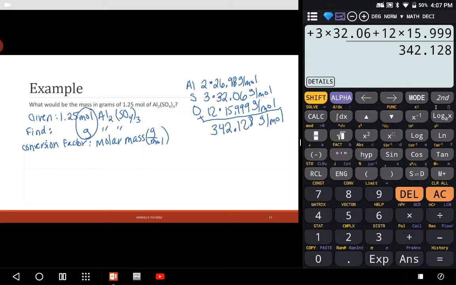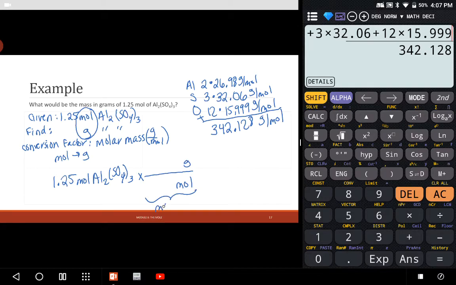I encourage you to always set it up on your paper first and then type it into your calculator because I need to know your setup. When you show your work, I need to see your setup. So always get it set up on your paper first and then type it into your calculator. All right. So I know that I have to start with my mole unit and I have to end up in grams. So I have to start with my 1.25 moles of Al2SO4 and I have to cancel out my moles and I have to end up with grams.